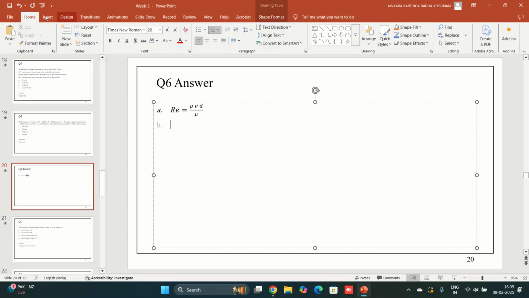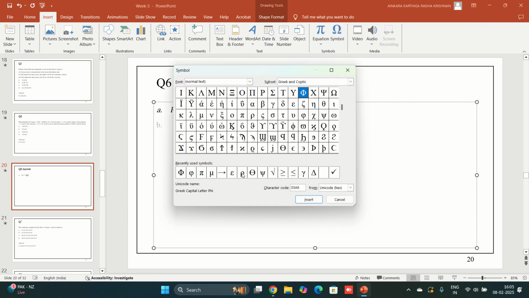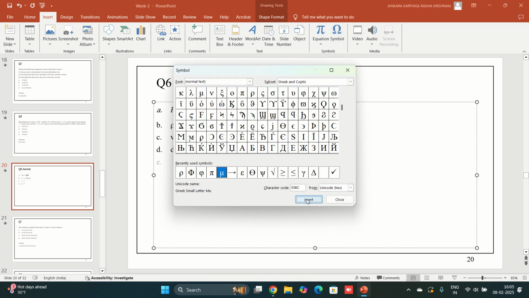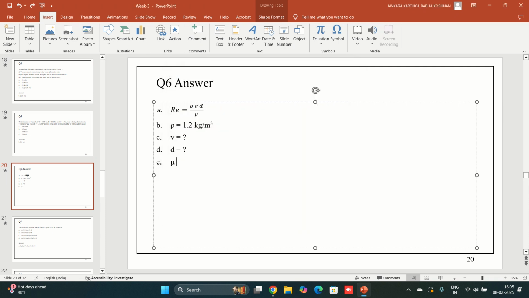In this, we know the value of rho is given as 1.2 kg per meter cube, v is unknown, and D is also not explicitly given, so we'll put a question mark for now, and mu is given as 1.8 into 10 power minus 5 kg per meter second. So first we need to find D.